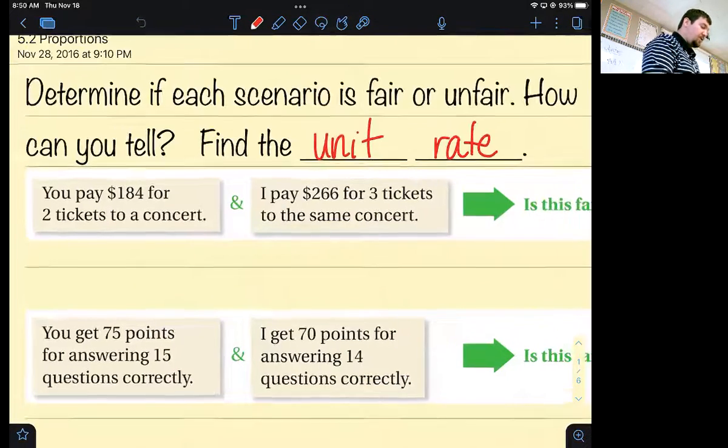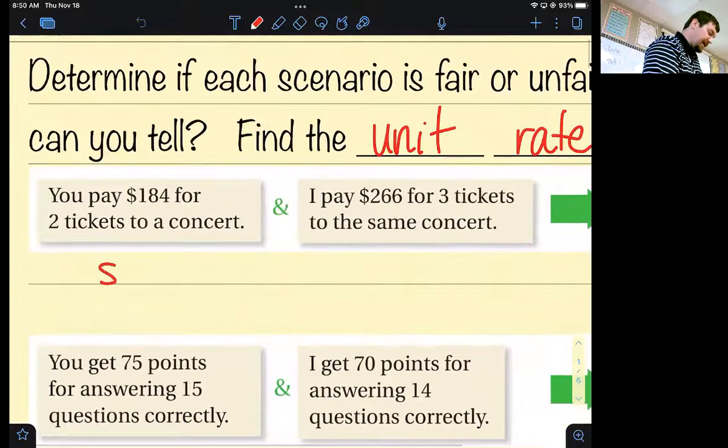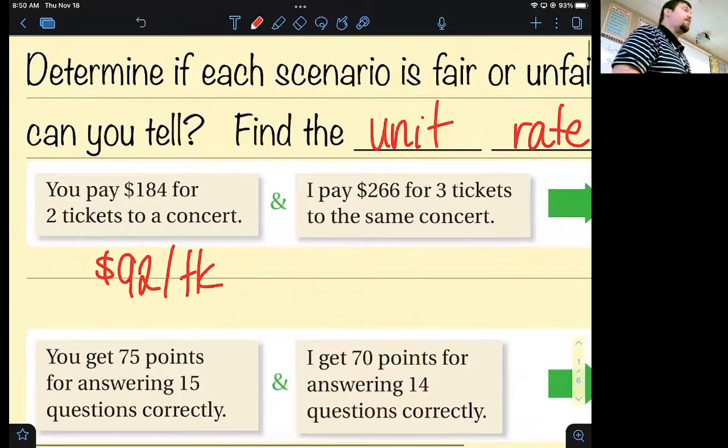So what is $184 divided by 2 tickets? What's the price of each ticket? Not 92. Oh, sorry, no, it is 92. I'm thinking of the 266. You're right. So I paid $92 per ticket here. What about for the other one? What if I buy 3 tickets at $266?